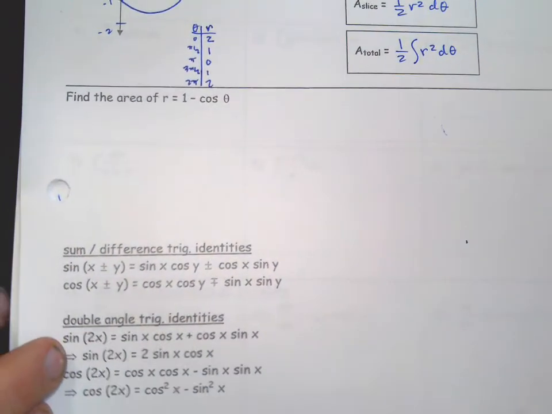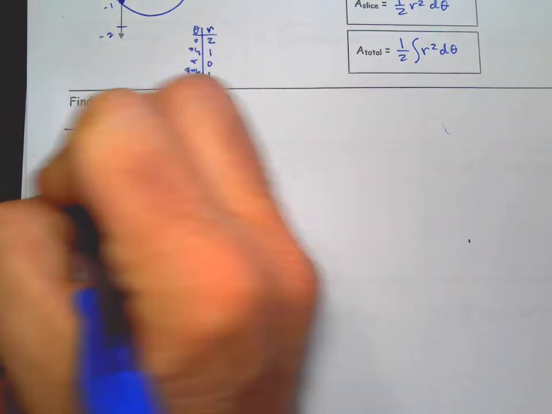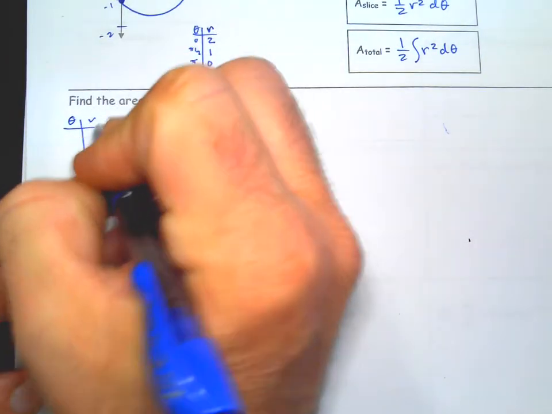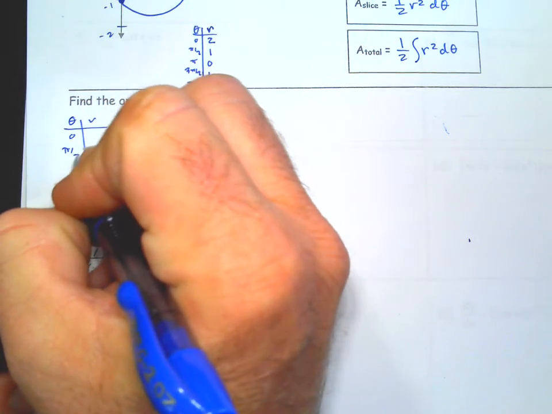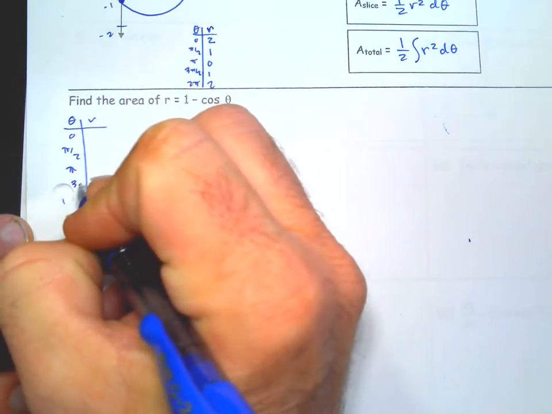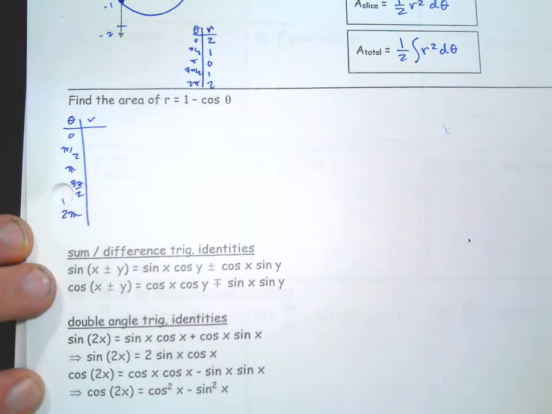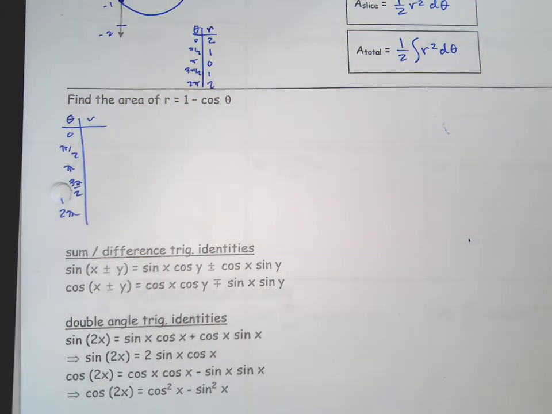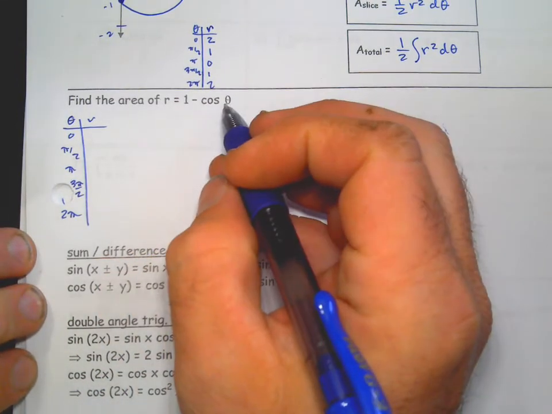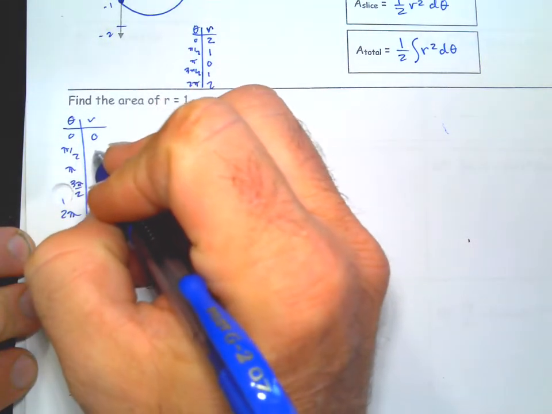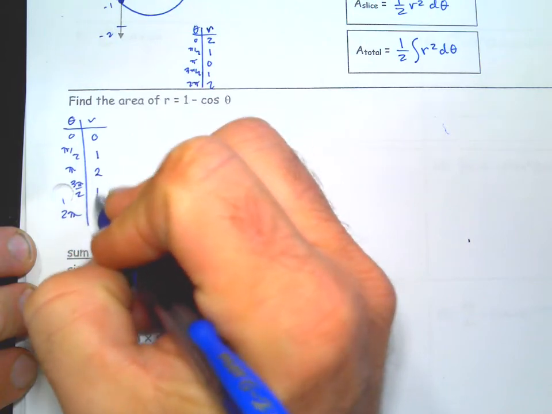So the area of this shape, we could do a quick sketch. It's a cardioid. Cosine 0 is 1, so it's going to be 0, 1, 2, 1, 0.